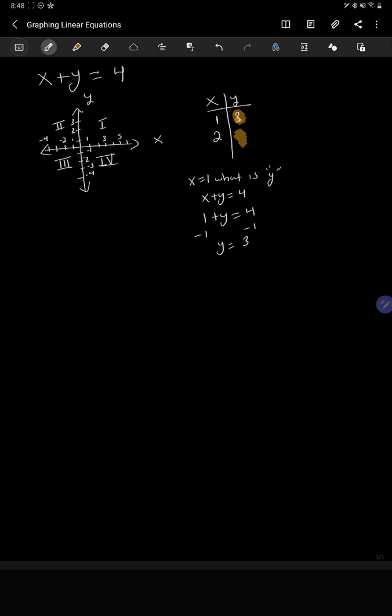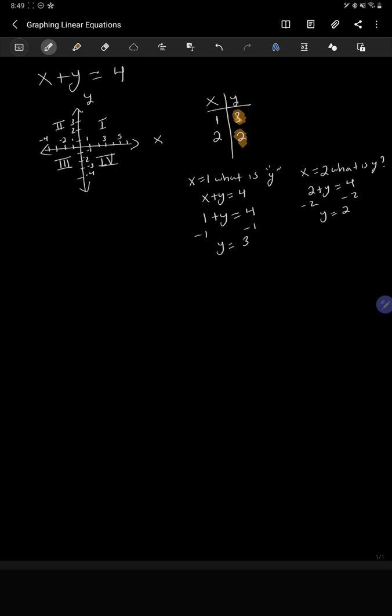And let's do the next one. When x is equal to 2, what is y? So same exact thing. We plug in the 2. So we got 2 plus y equals 4, minus 2, y is equal to 2. So there we go. We got our 2 points.